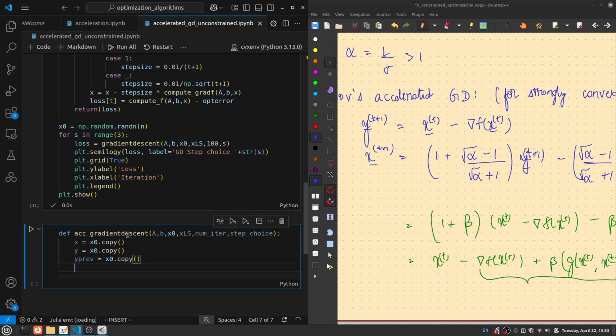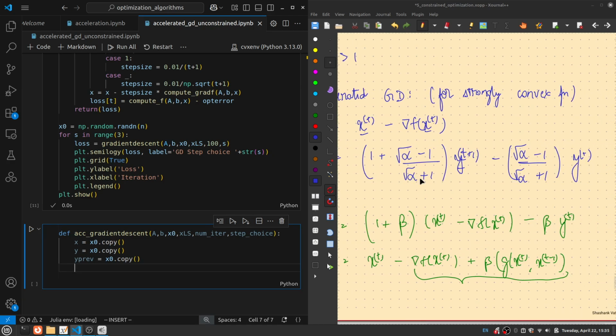So I initialize all of these to be the same. Now in accelerated gradient descent, I don't strictly have a step size. I have this parameter alpha, which is something that is greater than 1. So I'll try to choose this in a heuristic fashion, and I'll choose alpha to be something like 1 over the step size.